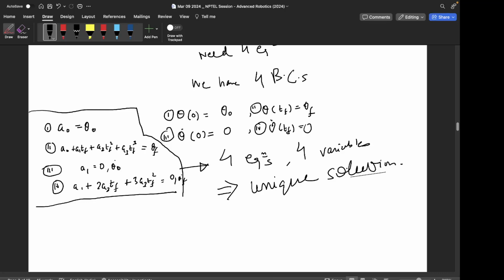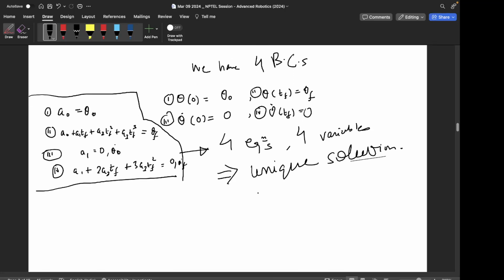The solution will give you the four parameters of the cubic polynomial, and once you know these, you can plot the velocity, plot the acceleration, and do all sorts of things.